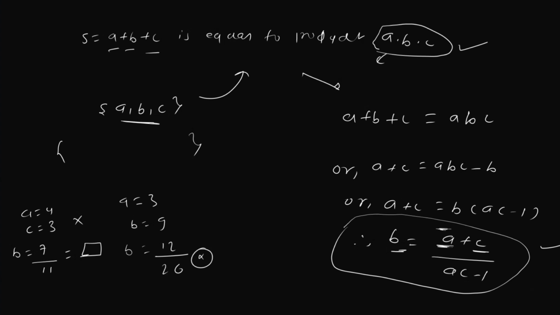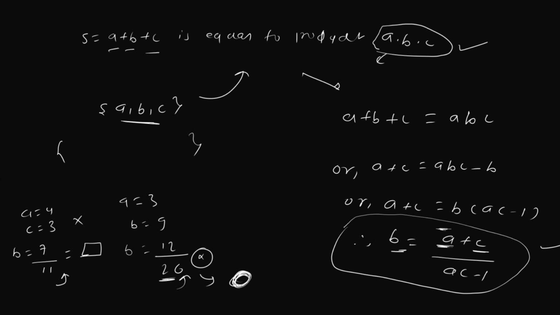So if you see in the past three examples, we were always getting the denominator bigger than the numerator, which led us to getting a floating point number. So we will try not to have the denominator greater than the numerator.